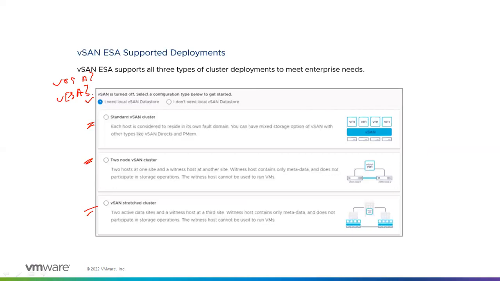Okay. So from there we have to select. I can still go with the remote HCI mesh configuration if I don't want to use it within the ESA architecture. In simple words, HCI mesh is supported with ESA as well, along with the OSA architecture, right?